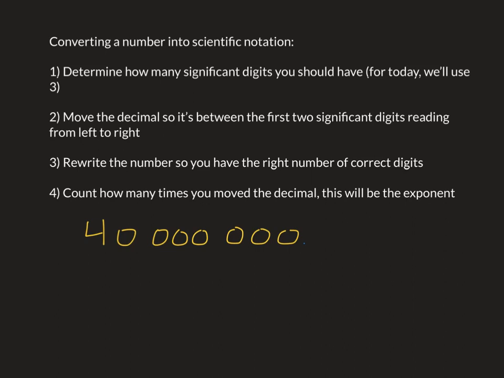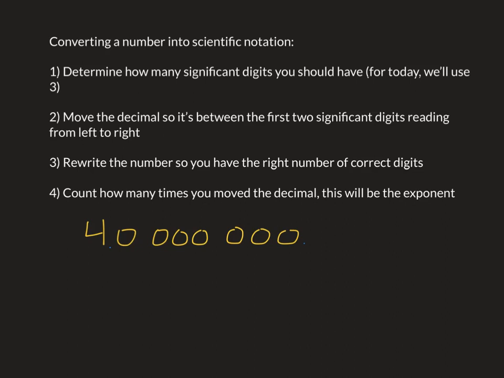And what we want to do is move it so it's in between the first 2 significant digits reading from left to right. So as I go left to right, there's my first 2 digits, that 4 and that 0. I want the decimal to be in between them. So I'm going to move that decimal and put it right there. No, sorry, I messed that up. I want to put it right there. There we go. All right.